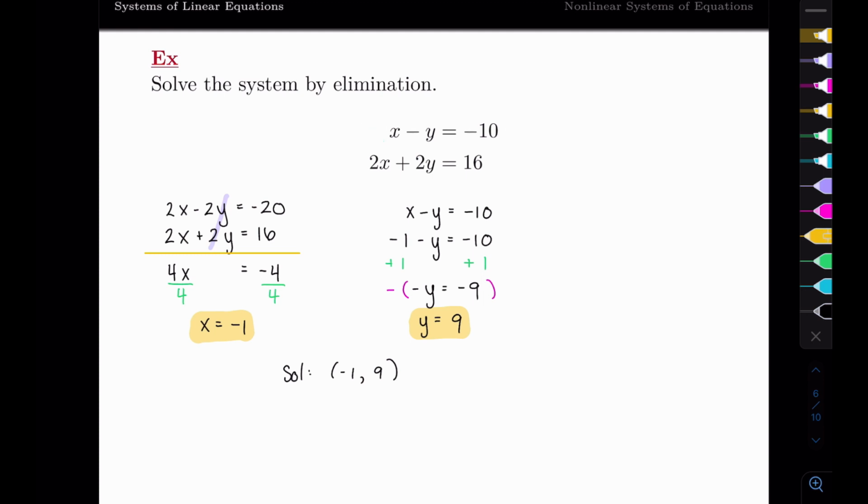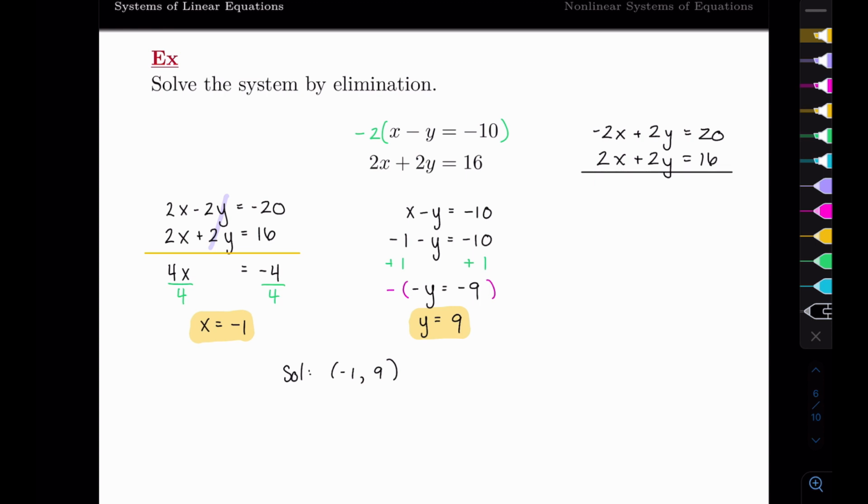I could have chosen to eliminate my x variable just to show you you'd still get the same thing. If I multiply this equation by negative 2, this would be negative 2x plus 2y equals positive 20. And then that would be 2x plus 2y equals 16.